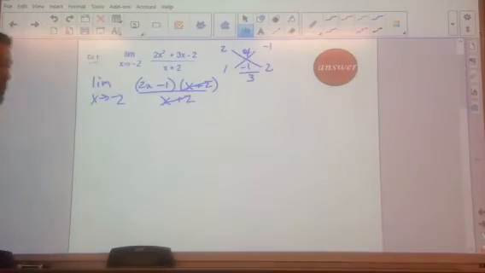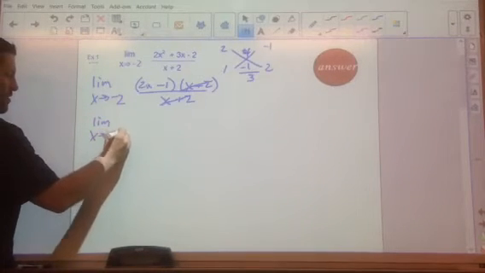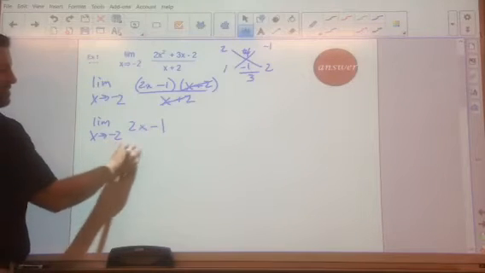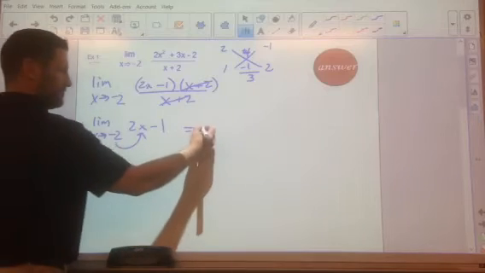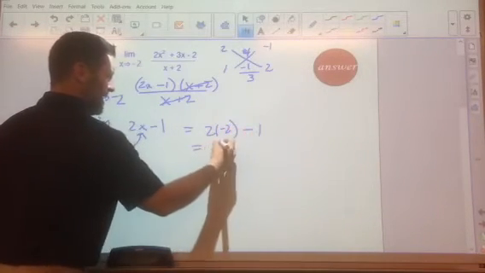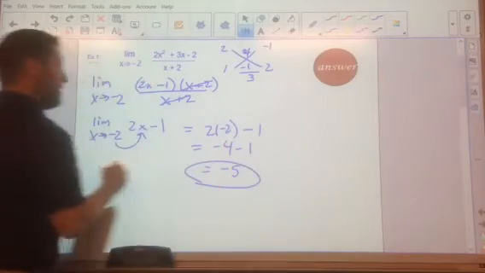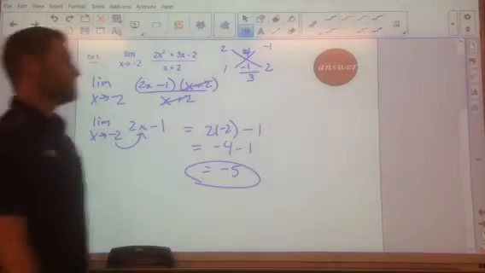So once you wipe those out, you'll be left with something that you can take the -2 now and shove directly in. So I take 2 times -2 minus 1, -4 minus 1 is -5. I found the limit as x approaches -2 and I got -5. This one's called a dividing out technique.